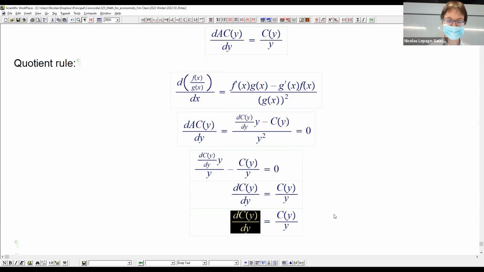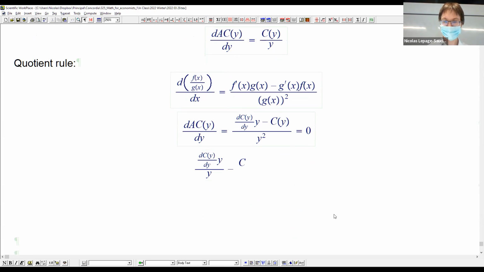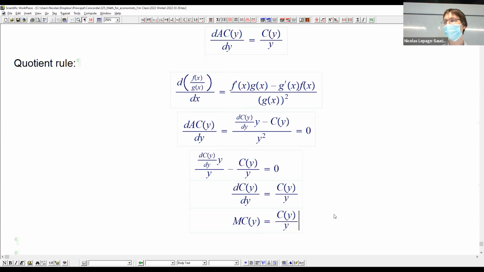Yes, dc of y. And what is c of y divided by y? Yes, ac of y. So this is what we wanted to show. We wanted to show that the marginal cost crosses the average cost at its minimum.